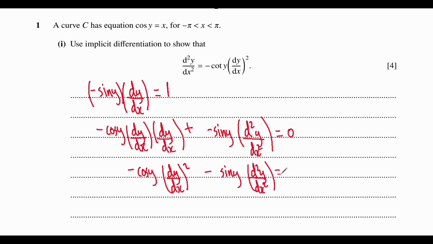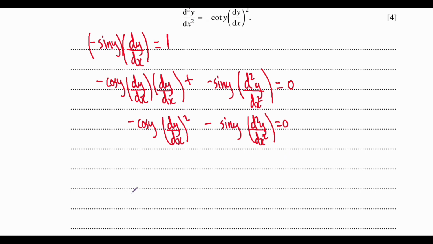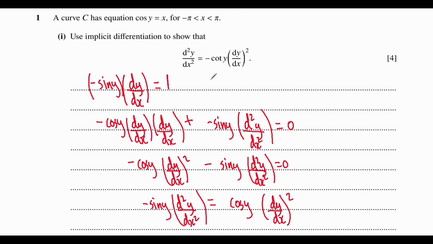is equal to 0. Well, now we can just rearrange this equation, right? So you're left with negative sine of y times the second derivative of y with respect to x is equal to, you bring it to the other side, cosine of y times dy by dx all squared. And now you want it in this form right here, the second derivative of y with respect to x.